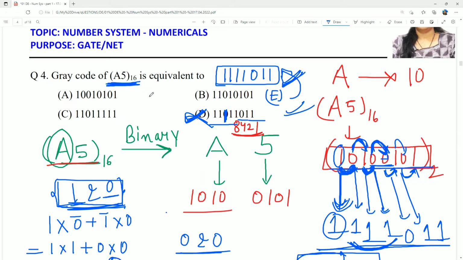If you are able to convert that particular number into binary form, then only you will be able to apply gray code conversion. So the 4th question is combining 2 concepts, and in the 3rd question we can directly apply the conversion. So this is about the 4th question.